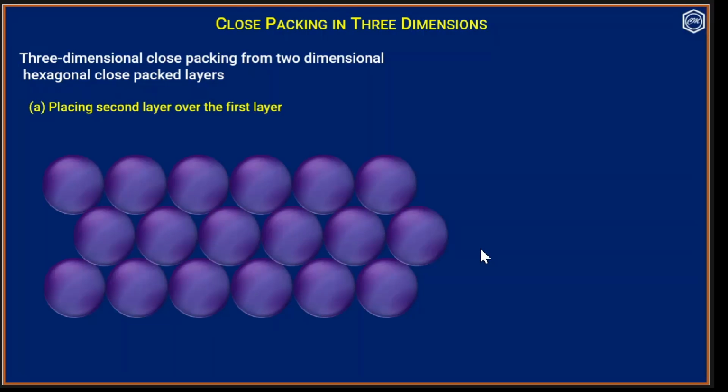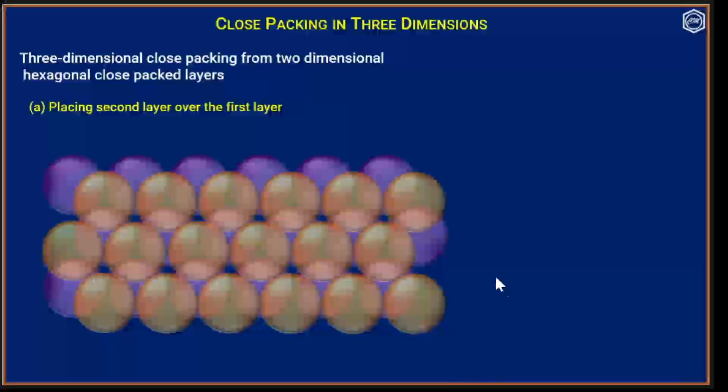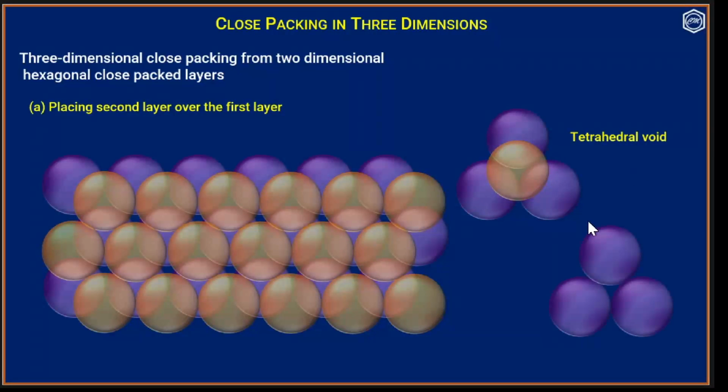The second layer atoms, that is the yellow atoms, go to the triangular voids. So this is one triangular void, and if you consider one atom of the second layer, this triangular void is covered by this second layer atom and it forms a void, and that void is called a tetrahedral void.